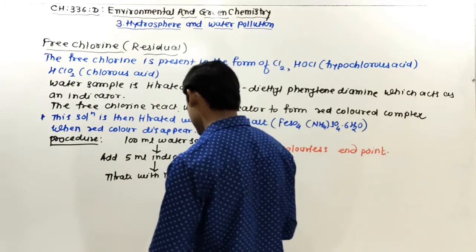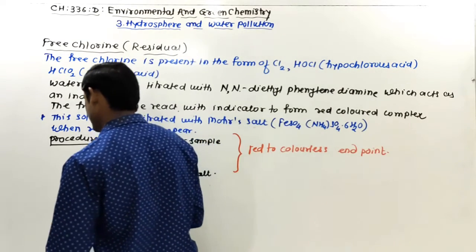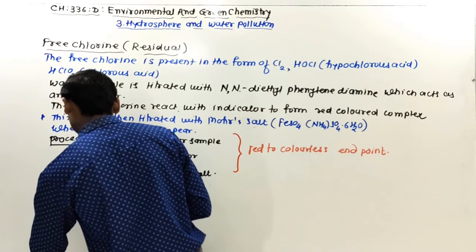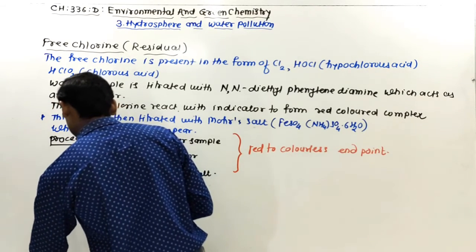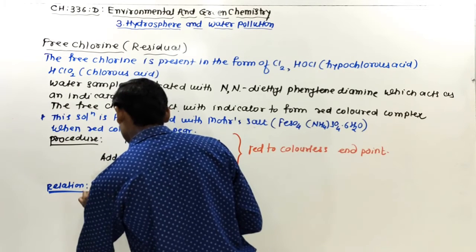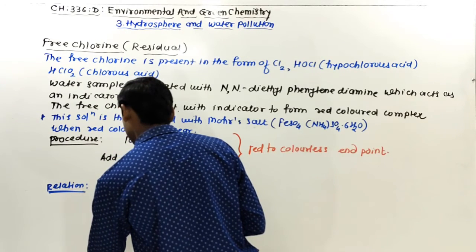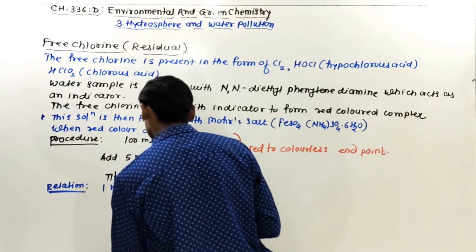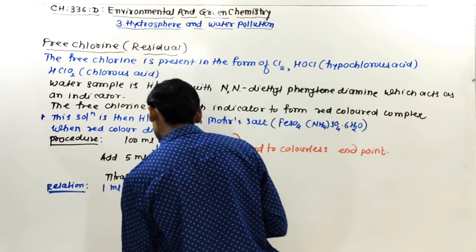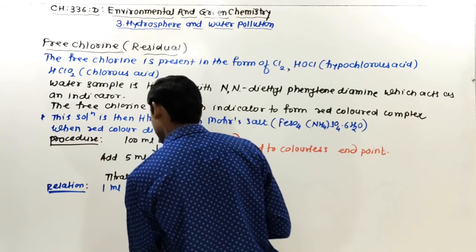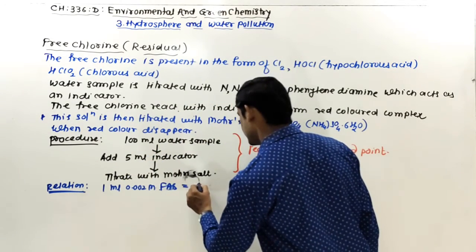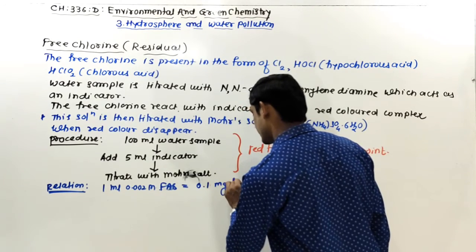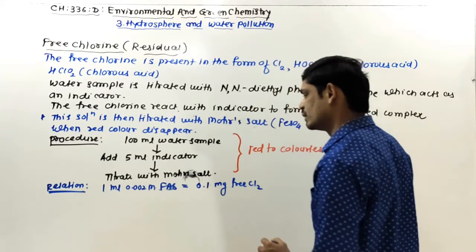And from this, by using one relation, we can estimate the chlorine. What will be the relation for that? 1 ml of ferrous ammonium sulfate contains 0.1 milligram free chlorine.